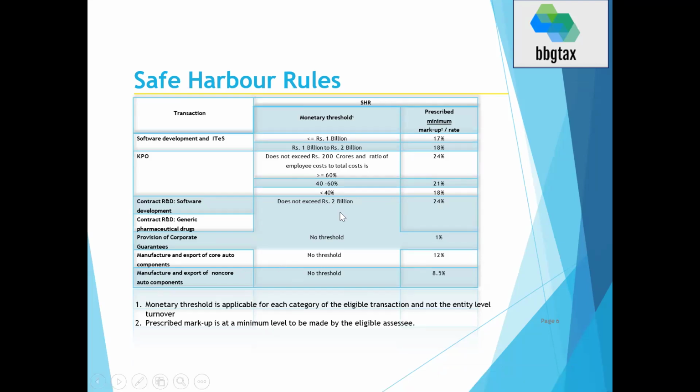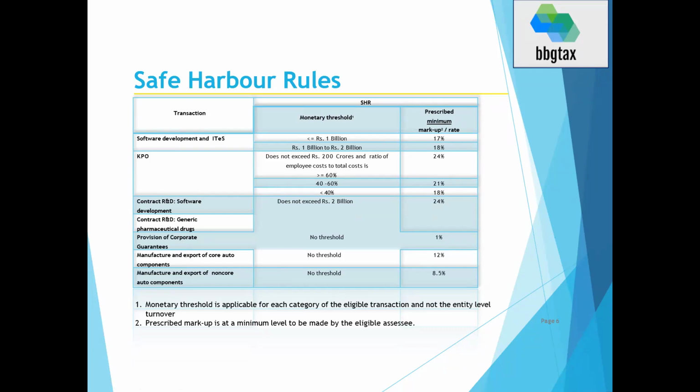This particular slide is giving different margins, so I will just pick up one or two examples. For example, for provision of corporate guarantee, it is saying that 1% will be considered as a safe harbor.